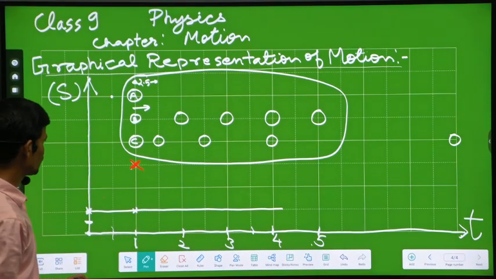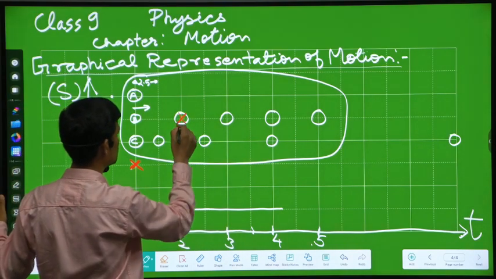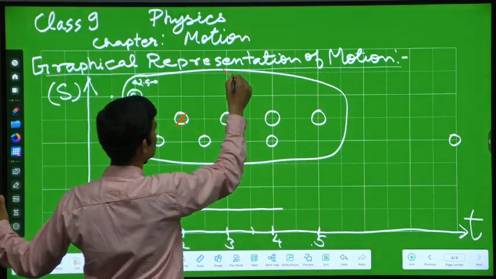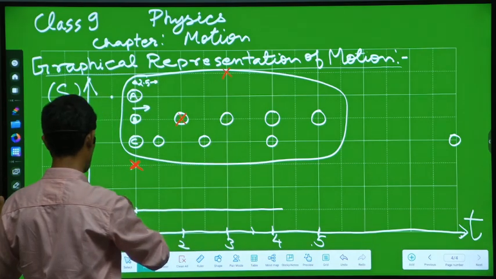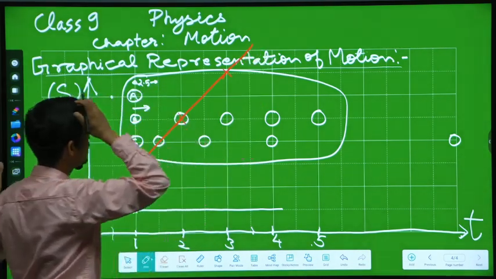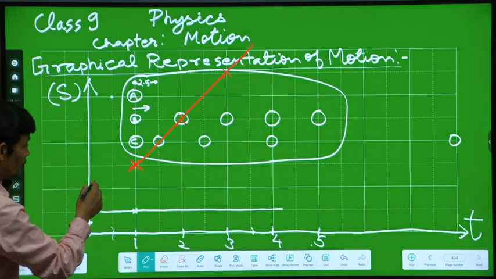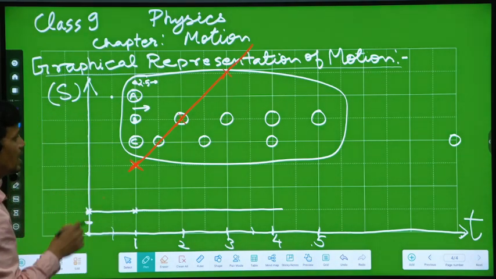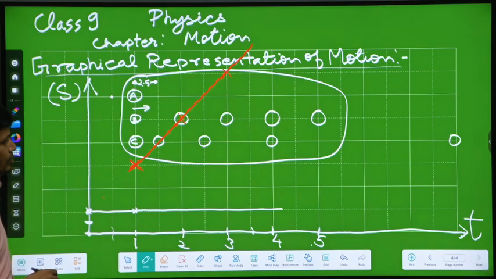After 2 seconds it is here, after 3 seconds it's here. So its graph is looking like a straight line. Straight line, of course, a slant straight line. Okay, case 3.